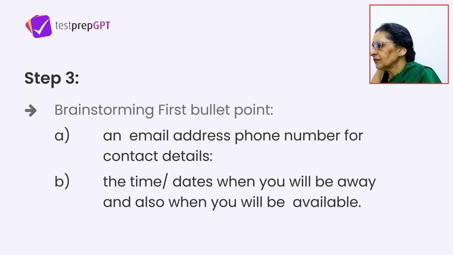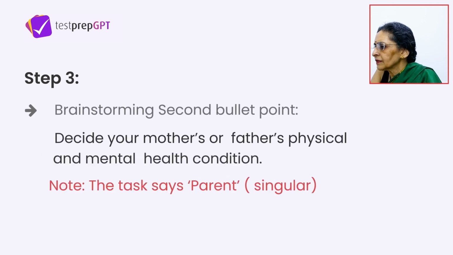So here you could give your email address or your phone number for your friend to contact you while you're away. You could also give the time or the dates when you will be away and when you will be available to answer the phone, for example. Make quick notes about this and move on to the second bullet point.